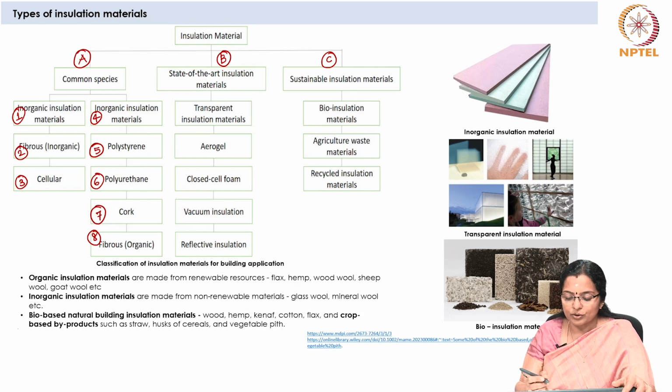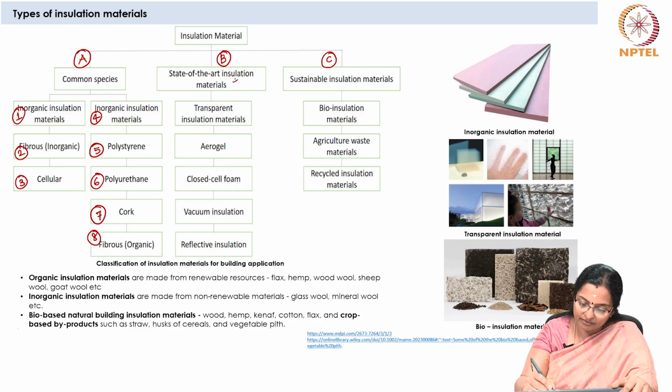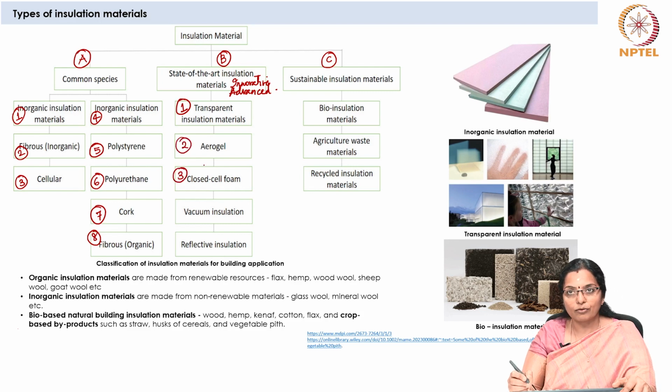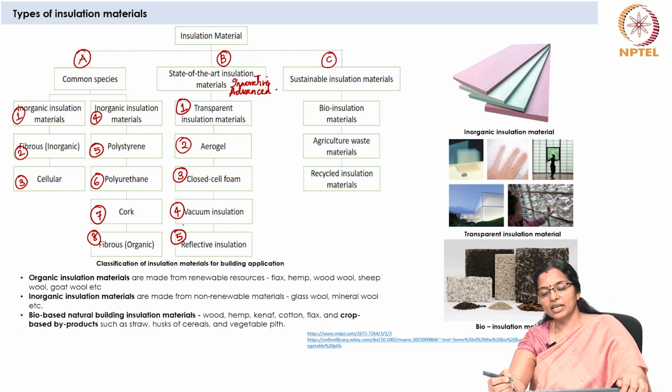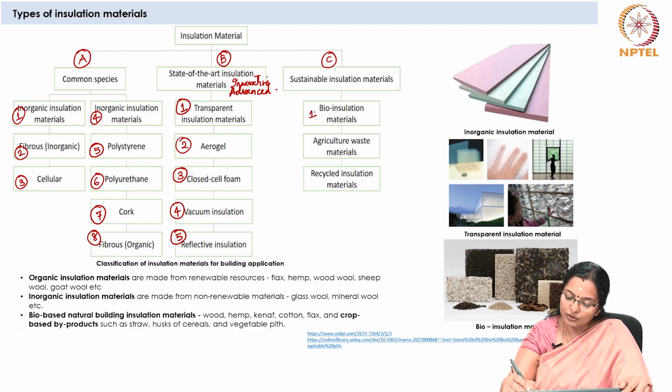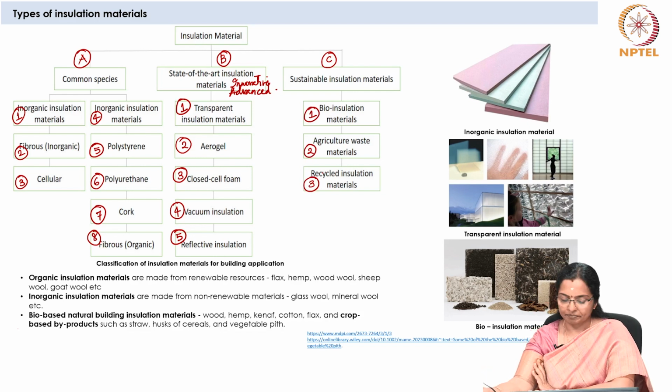Whereas state of the art insulation material can be innovative or advanced insulation. They could be transparent insulation materials or aerogels or closed cell foam, vacuum insulation or reflective insulation. Whereas the sustainable insulation materials could be bio-insulation material, agricultural waste materials, and recycled products insulation material.